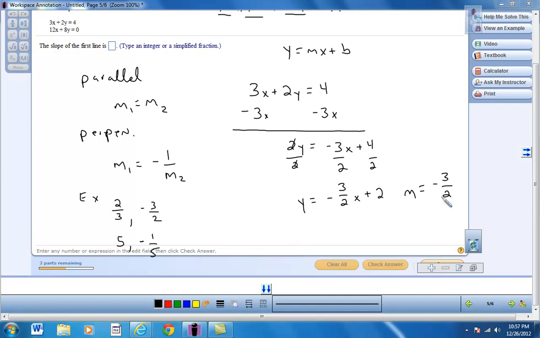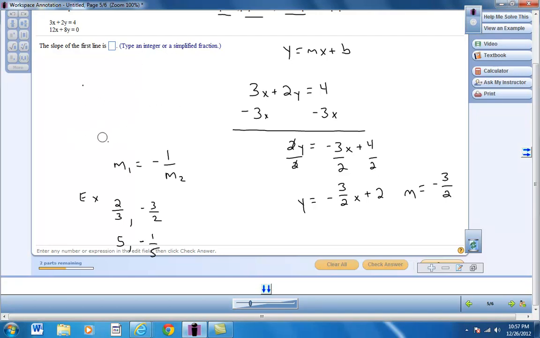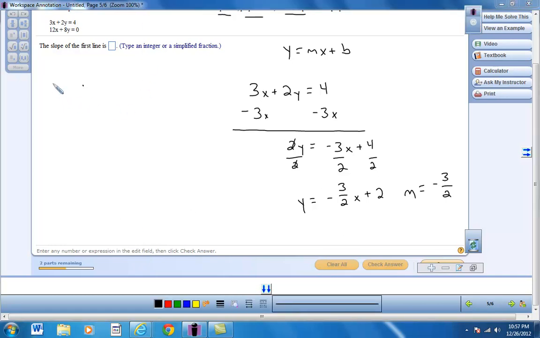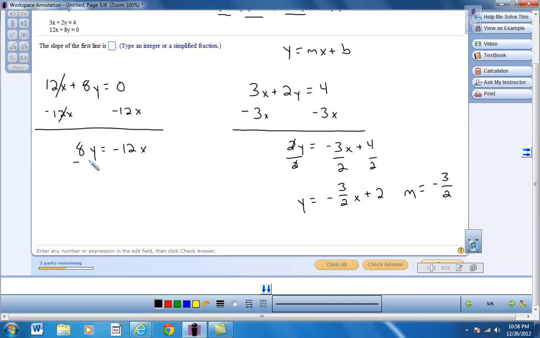Let's do the same thing with our second equation. Just erase this over here. Give me some room. Alright, so let's get y by itself. Subtract 12x. Subtract 12x. That will cancel. End up with 8y equals negative 12x. Now we just divide both sides by 8.